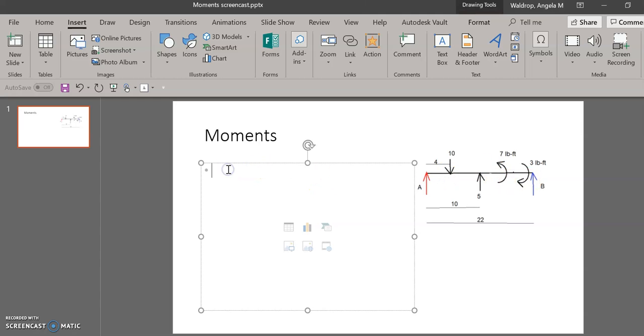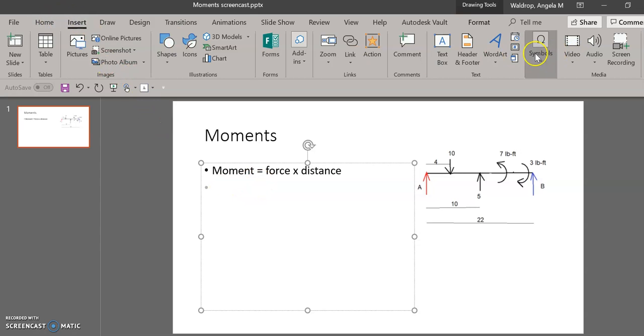Now, the first thing that we're going to do is review what a moment is. A moment is actually a force times a distance. So whenever we're calculating moments, we need to make sure that we're using a force and a distance. Okay, so we're going to go ahead and set up our equation.